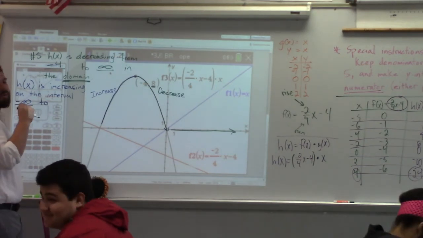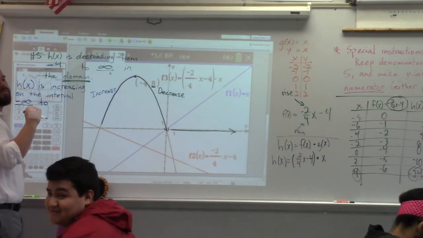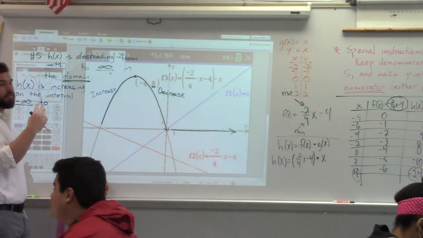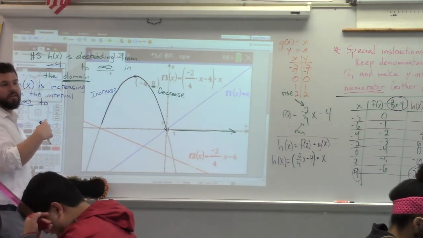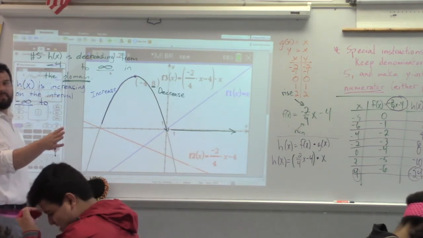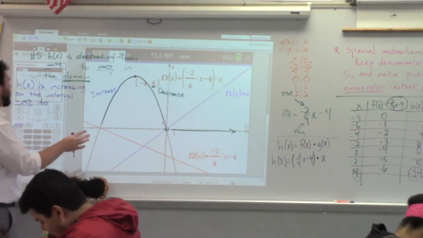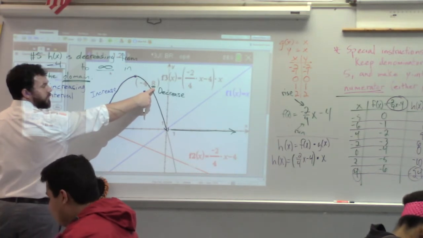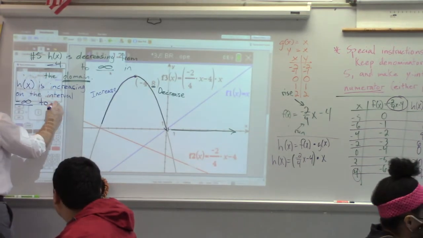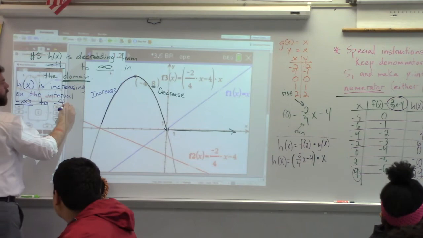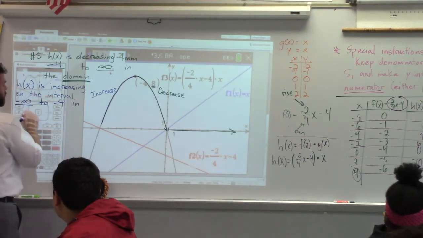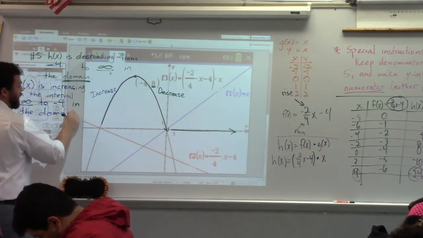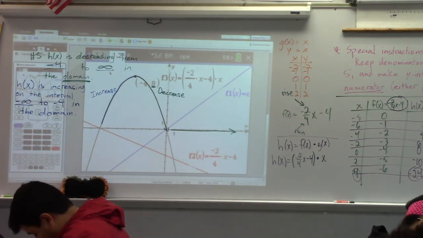Remember, we always want a domain interval for which the outputs are increasing. So I still want domain, which is the x. Are you good with that, Jakeem? Yes. Okay? So I want domain, and is that a domain value, Jesus? So what do I need? -4 in the domain. Notice I have to say in the domain somewhere to indicate I'm talking about which values.